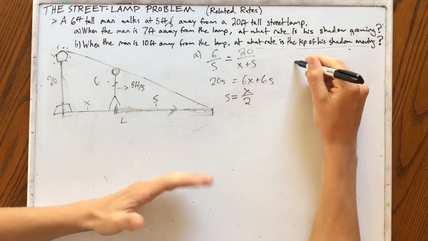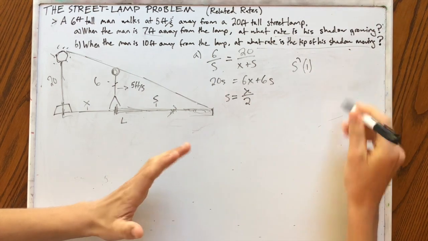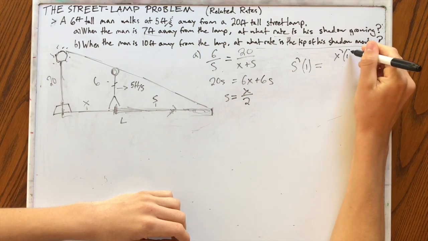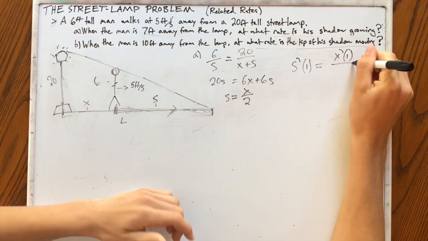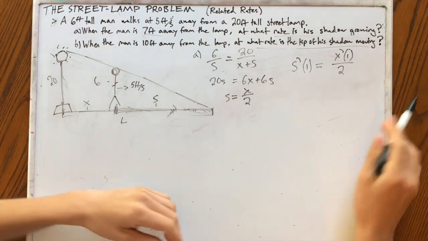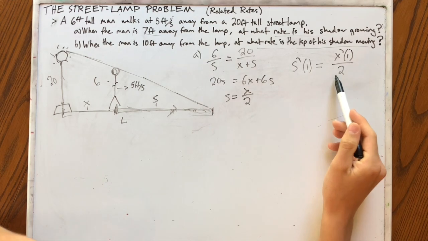So you'll get on one side S prime times 1, technically. I'm not going to go into the details of that. And then the same thing up here, X prime times 1/2. You can take out the constant, remember, when you're taking the derivative. And so we have S prime equals X prime over 2.